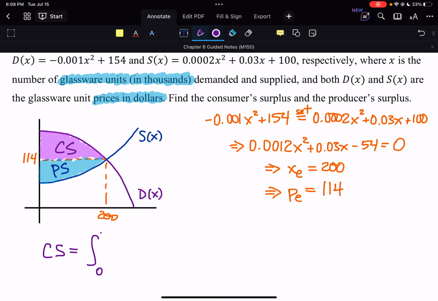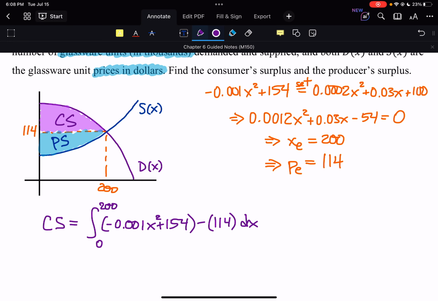That's going to be the integral from 0 to 200 under the demand curve, above the line, like that. So we have integral 0 to 200 of negative 0.001x squared plus 40 dx.